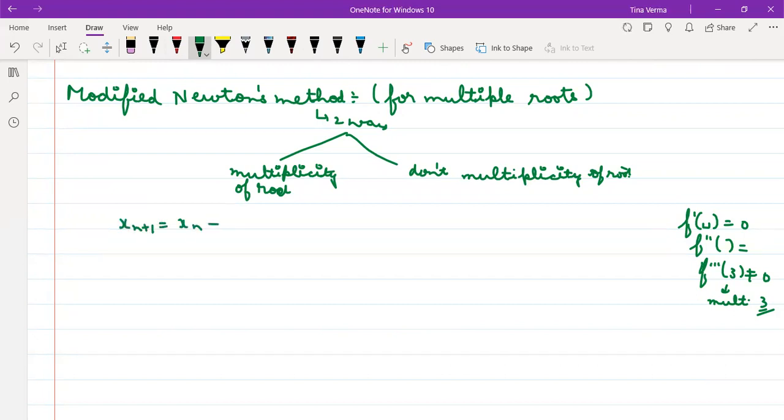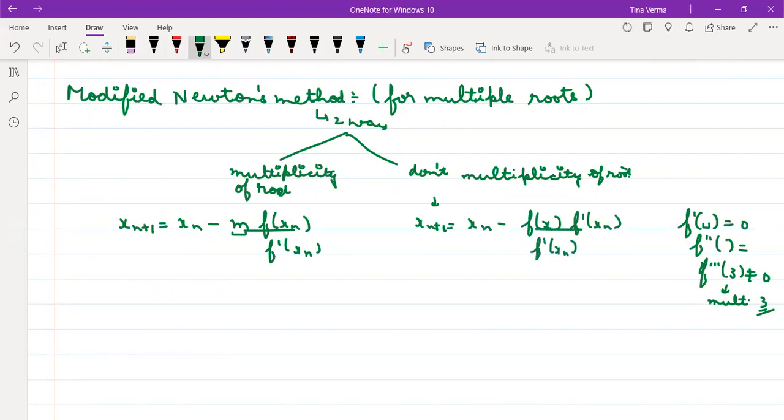x n plus 1 is x n minus m, where m is your multiplicity, times the function's value at x n divided by the function's derivative value. And when you don't know the multiplicity, you know it is a multiple root but not how many times, then you can use the formula x n minus f at x n times f dash at x n, divided by f dash x n whole square minus f into f double dash.